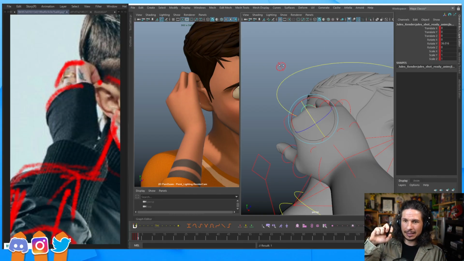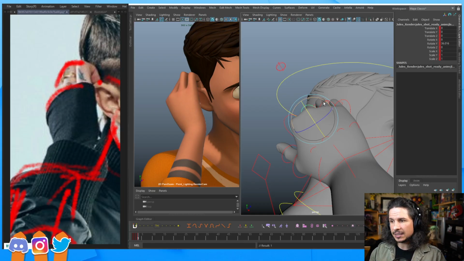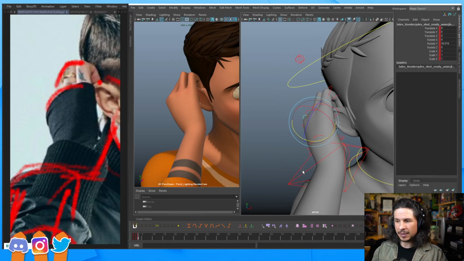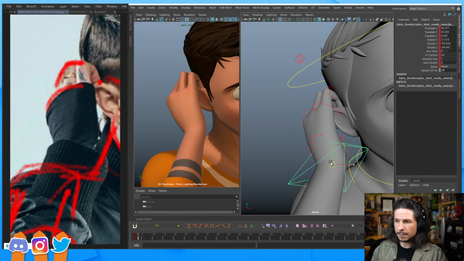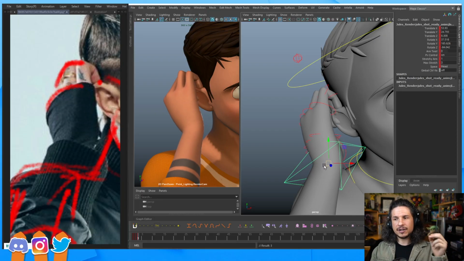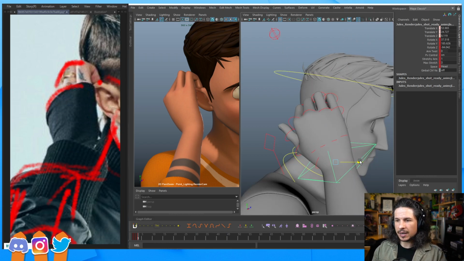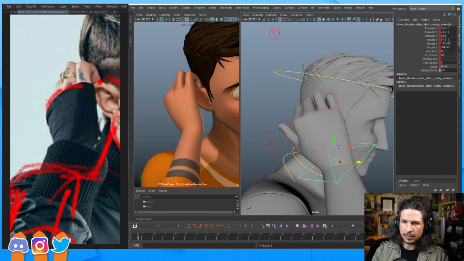So I'm using what I can see in the reference to try and exaggerate the posing in my shot. And again, this is not a matter of copying. I'm not trying to copy my reference. What I'm trying to do is take inspiration from my reference, because very easily I could pose this out and I could end up with everything kind of feeling like, let's kind of draw it out here, where one curve is like this, the next curve is like this, and then the other fingers are all just even curves.